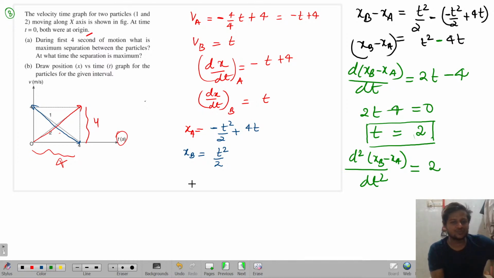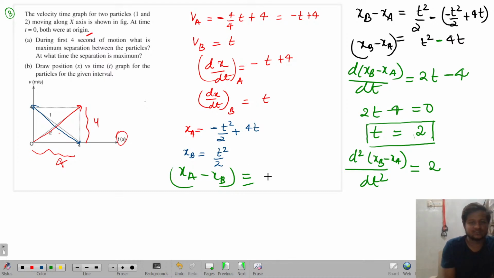That means xa minus xb is maximum, not xb minus xa. Xa minus xb is maximum at which time, guys? At time equal to 2 seconds. Understood or not? Tell me yes or no.